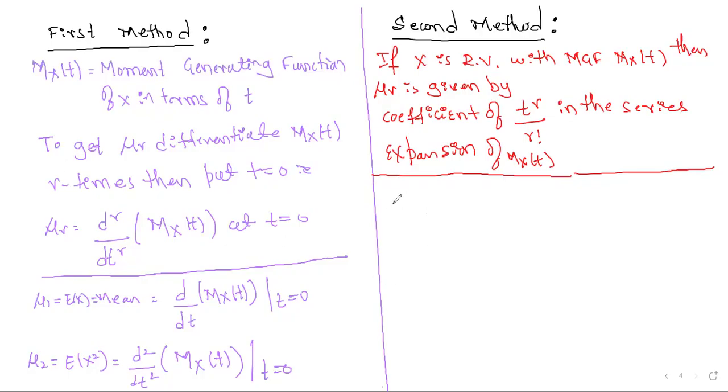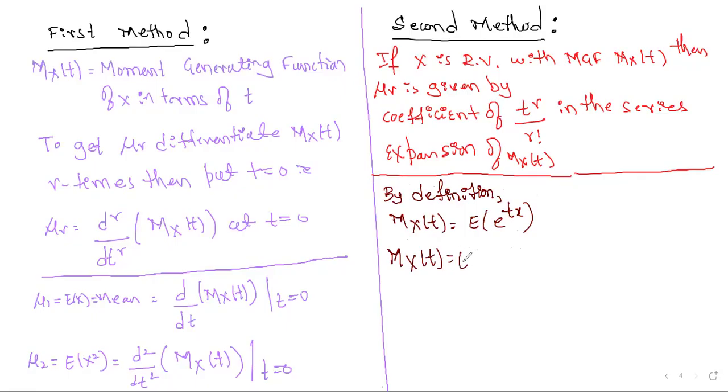We know that by definition, M_X(t) is the expected value of e^(tX). So M_X(t) is nothing but the expected value of e^(tX). I will explain how we have the e^x formula.